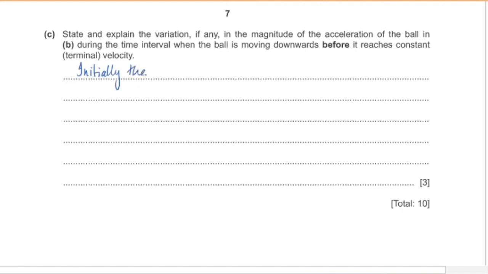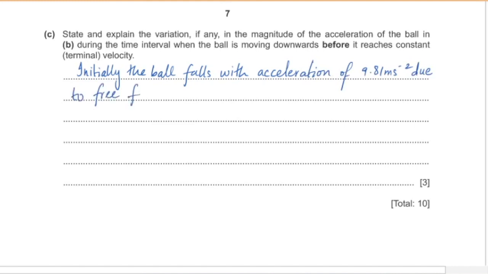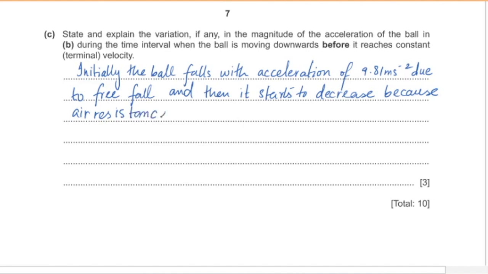So initially, the ball falls with acceleration of 9.81 meters per second squared due to free fall, and then it starts to decrease because drag force or resistance, you name it, increases with time.